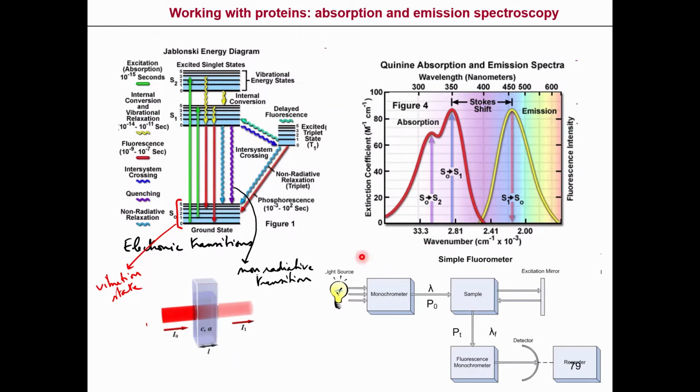If you compare the absorption spectra and the emission spectra, light against wavelength, the emission spectrum is always on the right side of the absorption spectrum, because here you have lower energy and here higher energy.